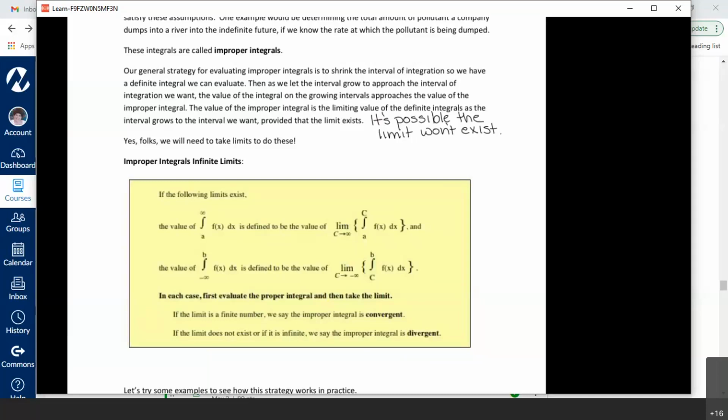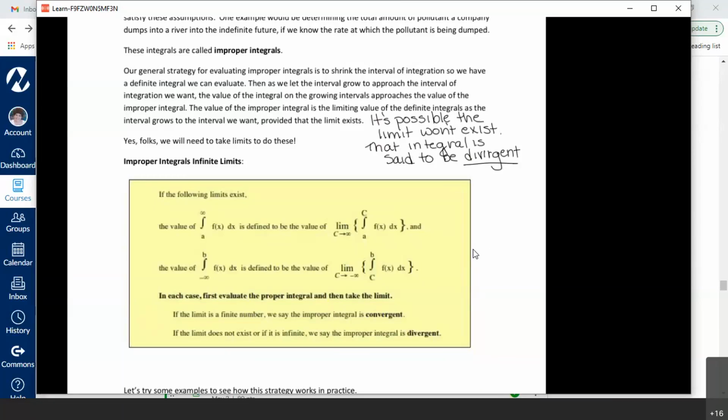Okay, then the integral is said to be divergent. That means it doesn't approach a value, okay? Or you say the integral diverges, okay? Otherwise, it's convergent. It's going to approach a particular value, okay? So you can think of divergent as going like this, convergent coming into a value, okay?